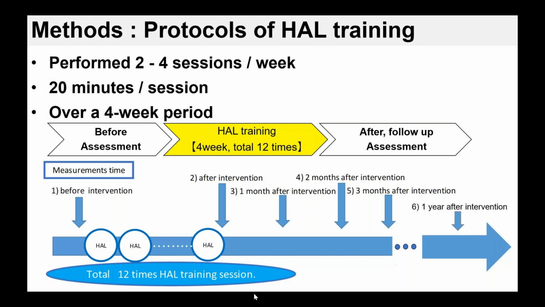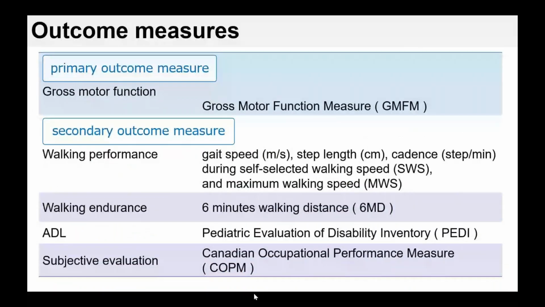We examined the gross motor function measure as a primary outcome measure. GMFM is an observational evaluation related to capacity for movement by changing body position, carrying or moving objects, walking, running, or climbing. For secondary outcome measures, walking speed, step length, and cadence were measured as indicators of walking performance.